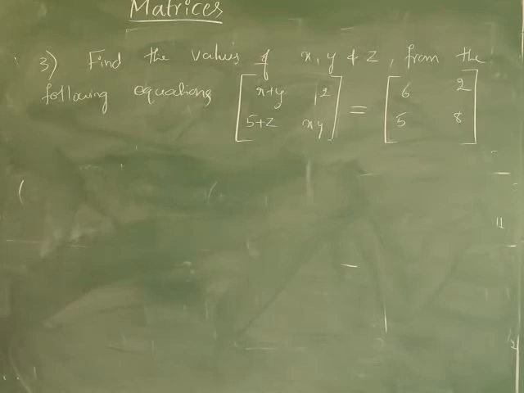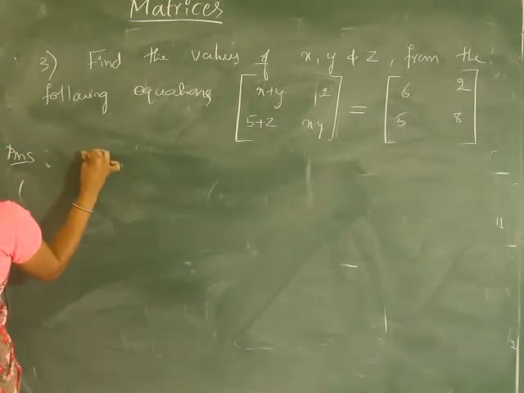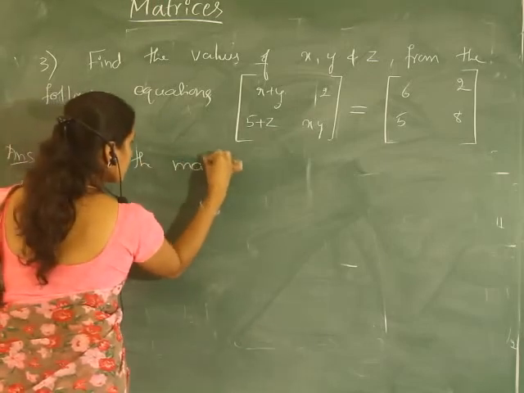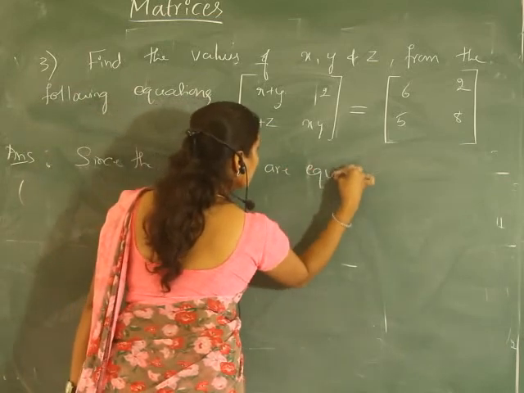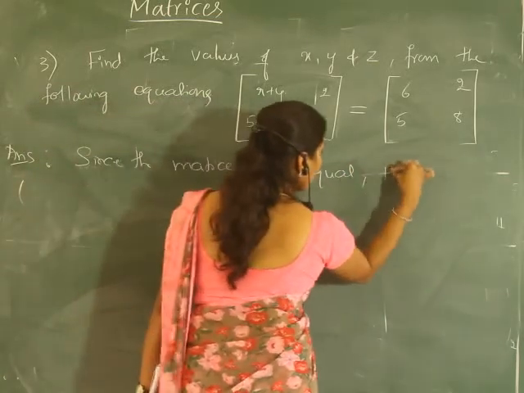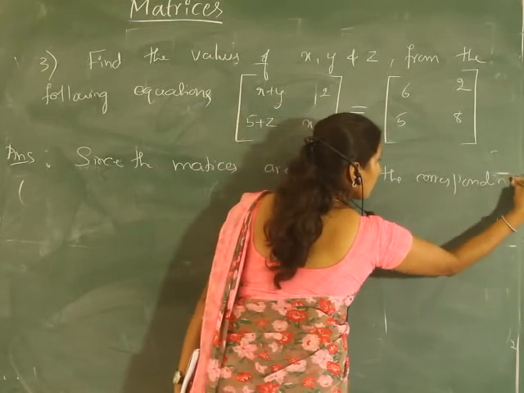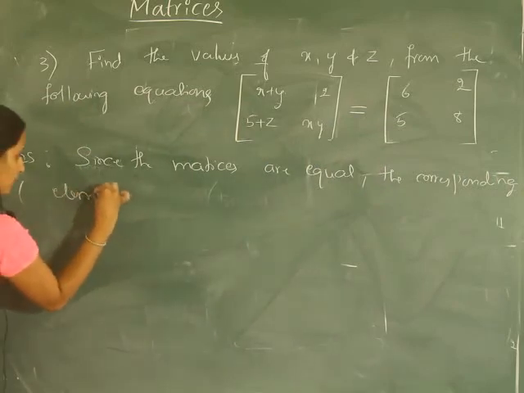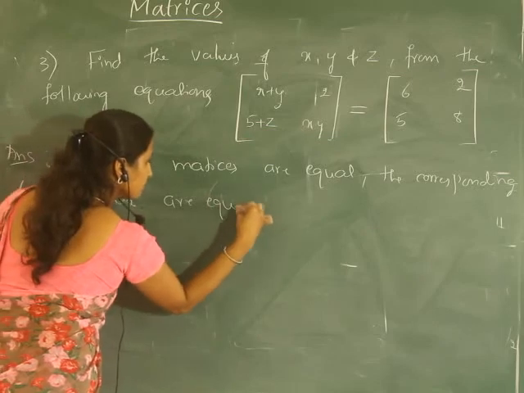So similarly we can solve this also. So answer: since the matrices are equal, the corresponding elements are equal.